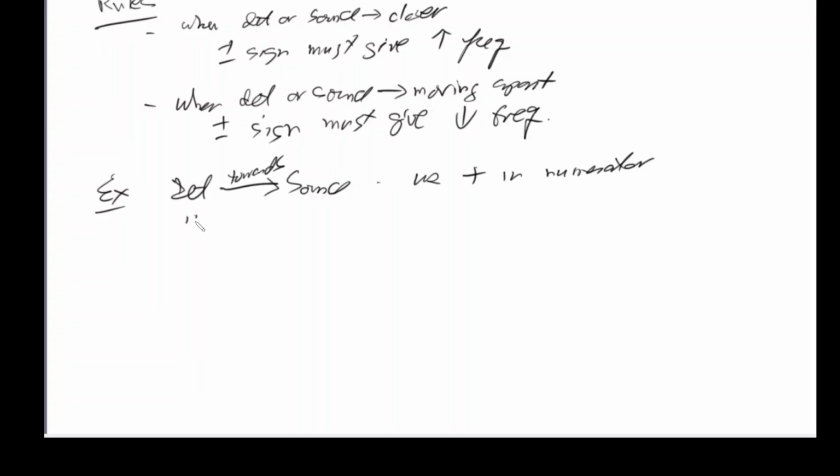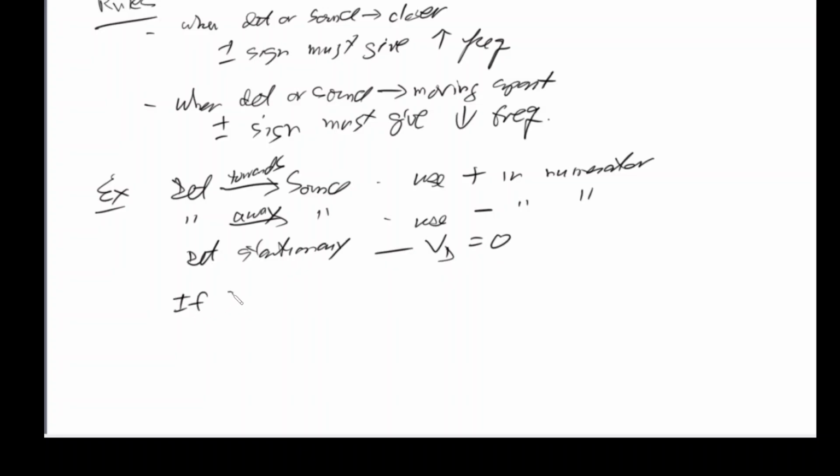If the detector is moving away from the source, then you use the negative sign in the numerator. And if the detector is stationary, then the velocity of the detector becomes 0.